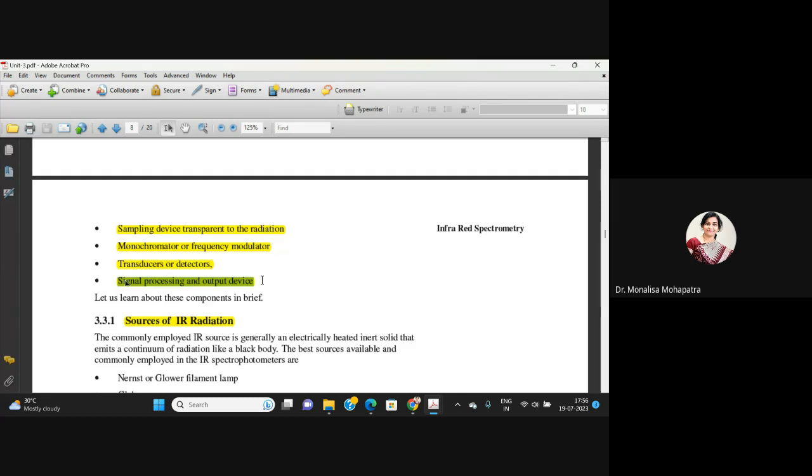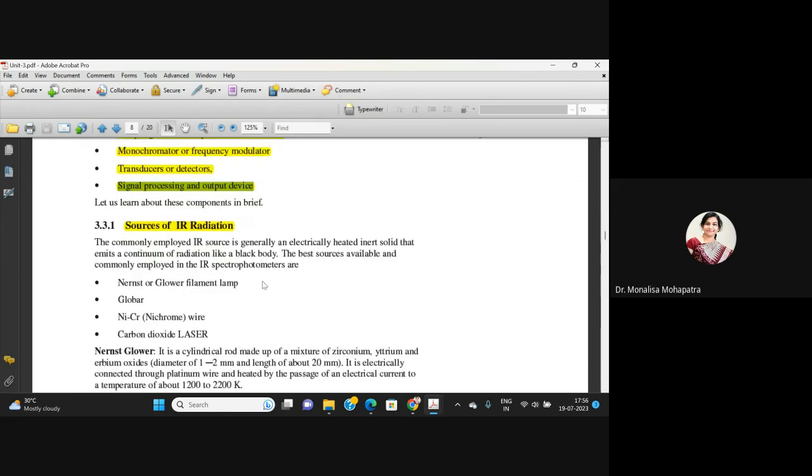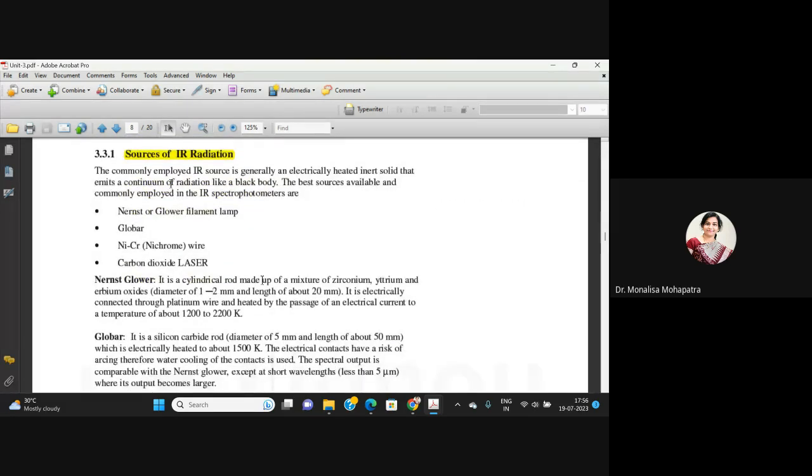Yesterday we discussed the UV visible part, but today we are going to discuss IR radiation.